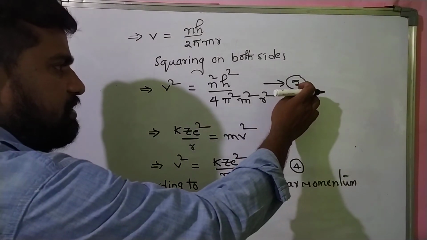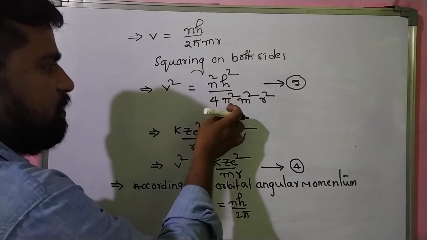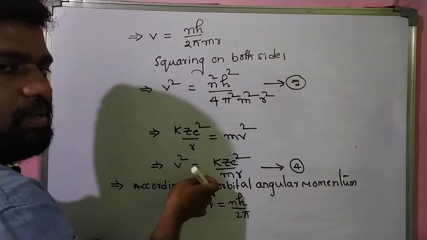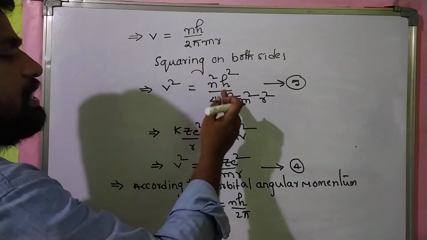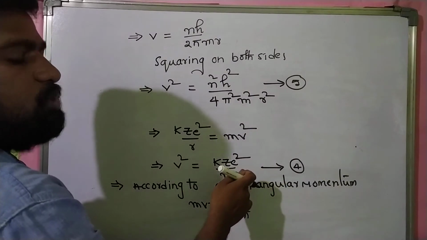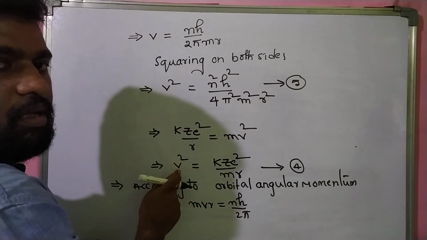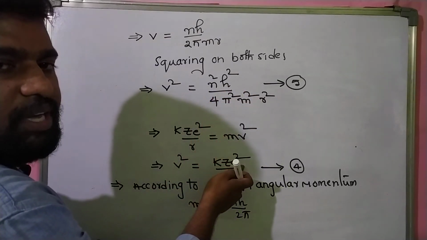Now from equations 4 and 5: here V square equals this one, and here also V square equals this one, so both are equal. If the left hand terms are equal, definitely the right hand terms are also equal.